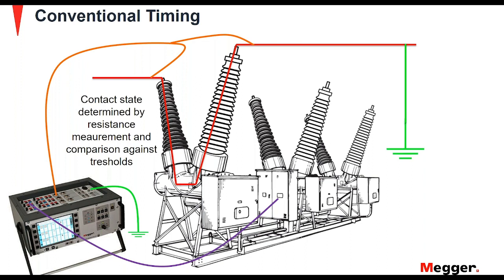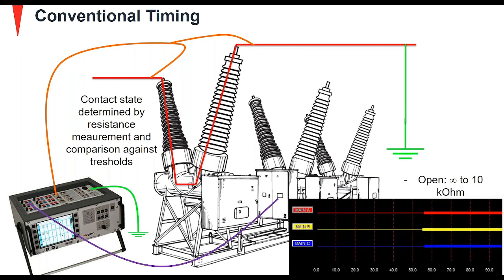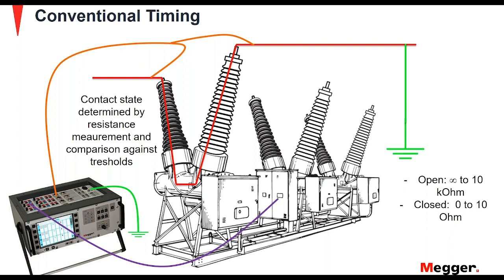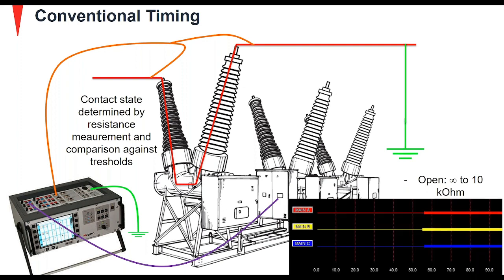Basically, what this test does is it measures the resistance of the measured loop and compares it to a threshold. For example, for open, if it's infinity or more than 10 kilo ohm, it will consider it open. Or if it is less than 10 ohm, or a short circuit, it will consider it as closed position. And I will show you this very well known graph.